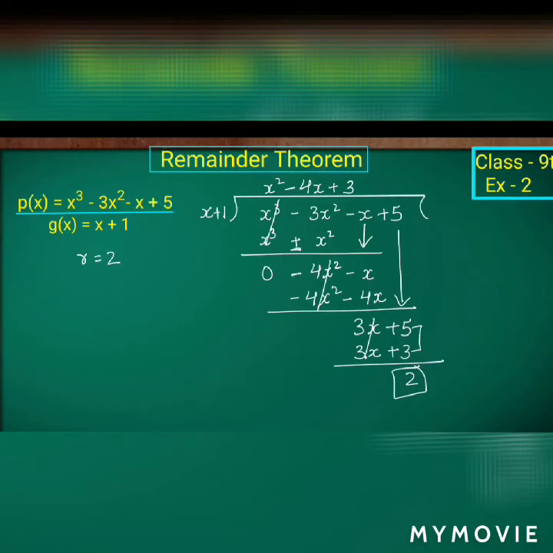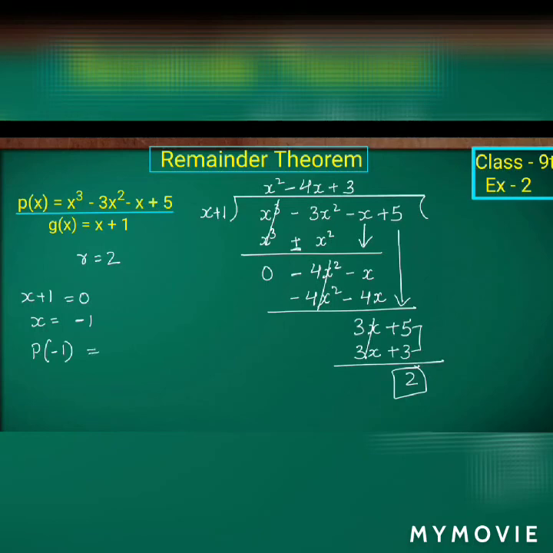Now let's find it by using the remainder theorem, isn't it? So g of x should be equal to what? 0. That is, x plus 1 equals 0, x equals minus 1. Since x equals minus 1, we have to substitute it in p of x so that we will get the remainder here. So p of minus 1, in the place of x we have to take minus 1.